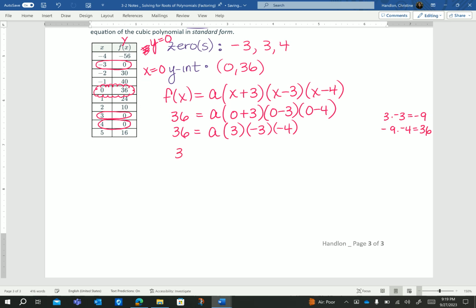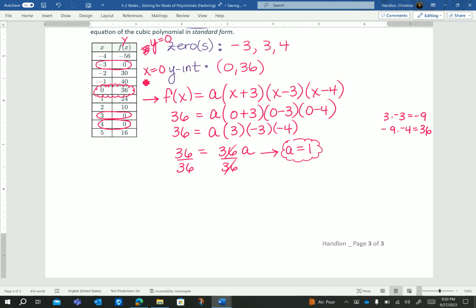So 36 equals a times 36, or 36a. Now I have to solve for a, so I've got to divide by 36 on both sides. And so the a is 1. Now, I'm not done, okay? I'm going to take that and put it back into my original equation.